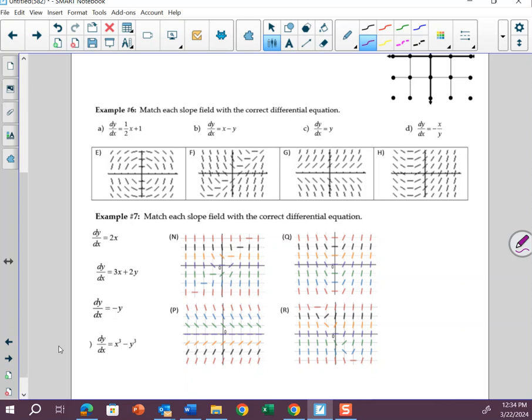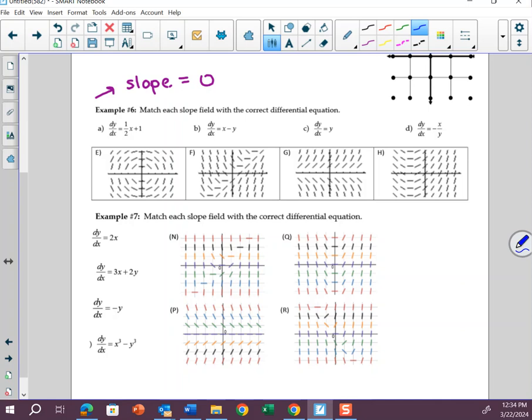So usually what I do when I start looking at slope fields and try to do this matching, a couple things I start looking for are where the slopes are equal to 0. Either from an equation standpoint or from a graph standpoint.